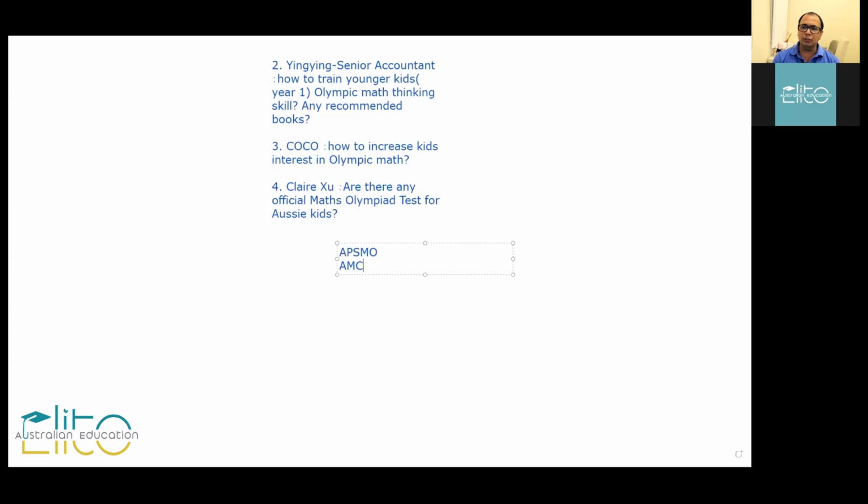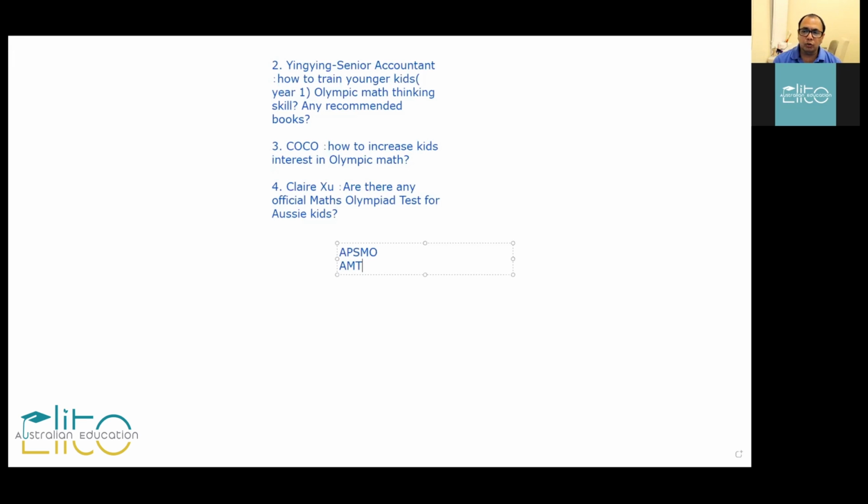Most schools will participate in APSMO. Very few schools participate in AMC. You can go to the AMC website and register there, or rather, sorry, not AMC, AMT, the Australian Maths Trust. You have to register there.